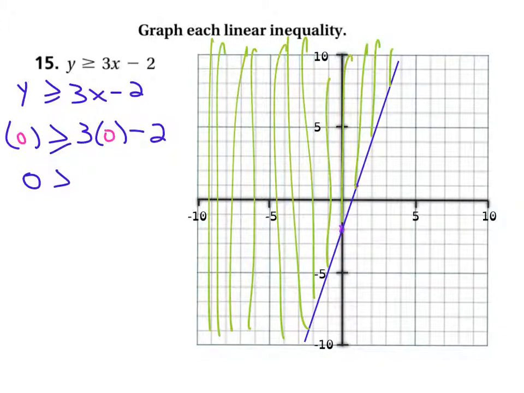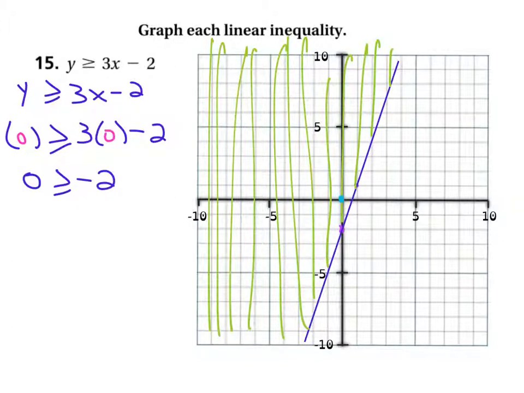So we say 0 is greater than or equal to 3 times 0 is 0, and 0 minus 2 is -2. 0 is greater than -2. So that means that the side of the line that includes 0, 0, the origin right here, is part of the solution, and so that should be on the shaded side, and it is. So we know that we've shaded the correct side of the line.